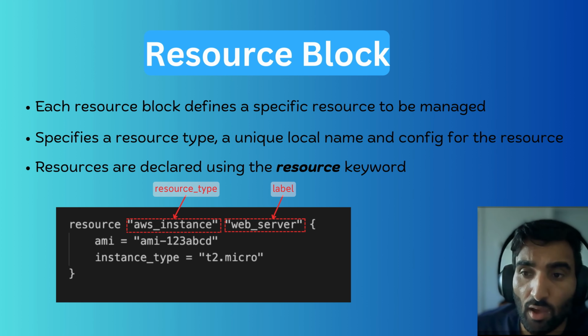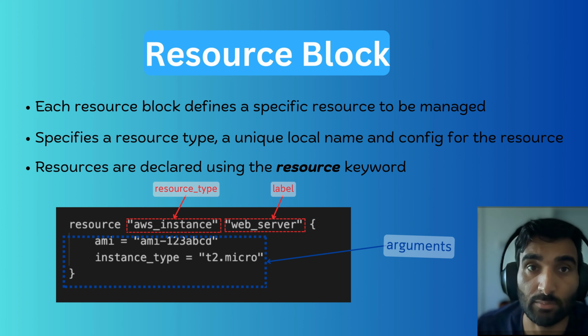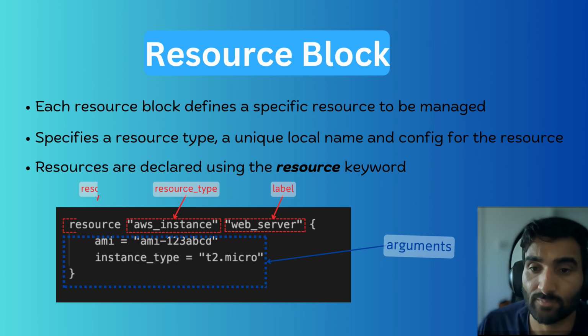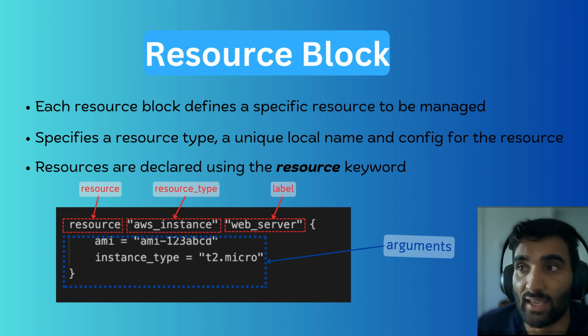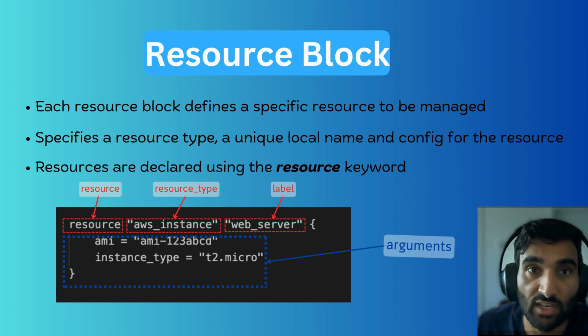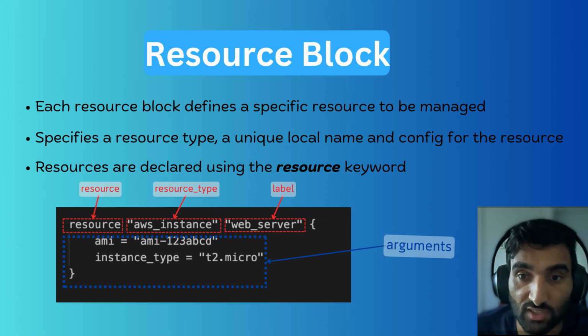And inside the block we are defining the arguments, which in this case are the AMI and the instance type, to set up the instance as we want. The resource block is how Terraform reads and determines what resource it is going to create. If you define your arguments incorrectly, Terraform would recognize that and error out.